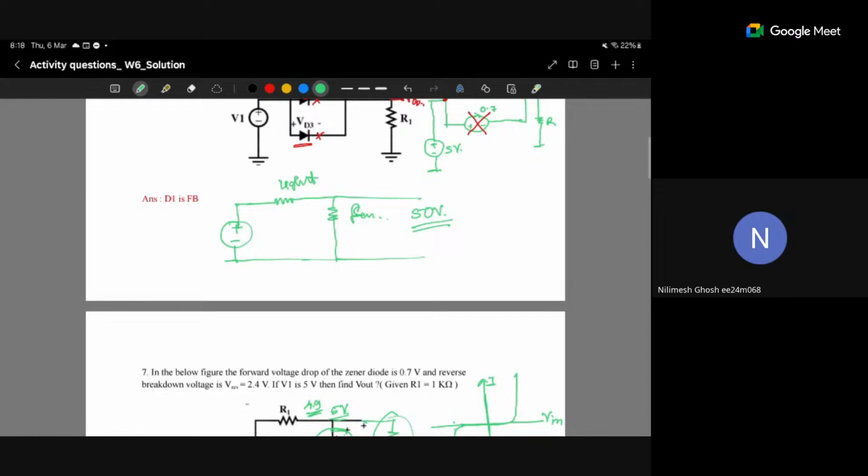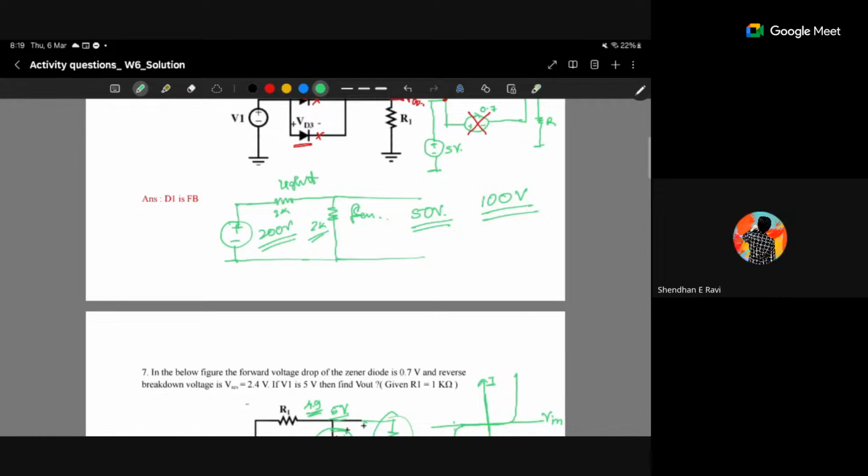Now say the supply coming to your home is 200 volt. If you give 200 volt here directly, let's say the resistance here is very low, both having a resistance of 2 kilo, then what will be the voltage drop across the fan? 100, right?